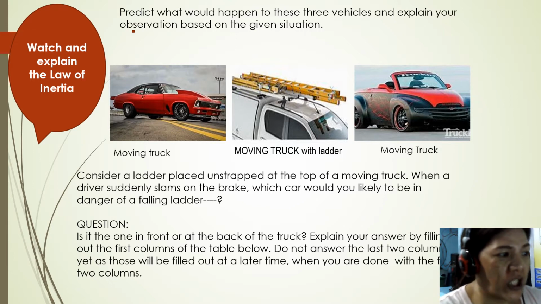Consider a ladder placed and strapped at the top of a moving truck. So when a driver suddenly slams on the brake, which car would likely be in danger of a falling ladder? Okay, so the question is, is it in front or is it at the back of the truck?